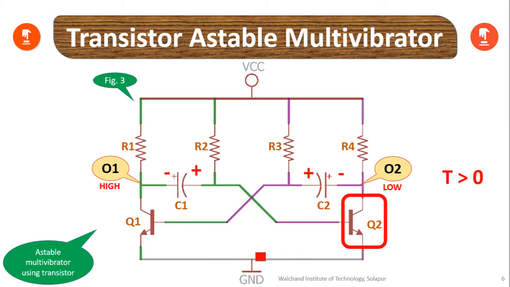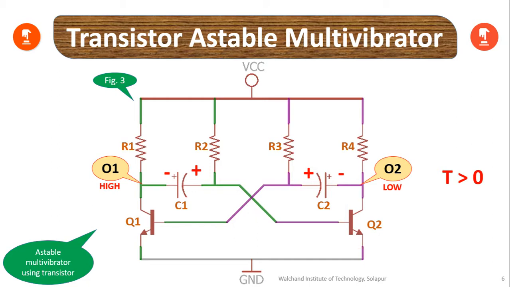Now, once capacitor C2 has charged by having its left plate positive and right plate negative, the maximum charge that it can attain is again positive VBE. This causes turning on of Q1 and turning off of Q2. This is how the transistorized astable multivibrator runs, and the output can be obtained either from O1 or O2, and this condition appears throughout the circuit's execution.